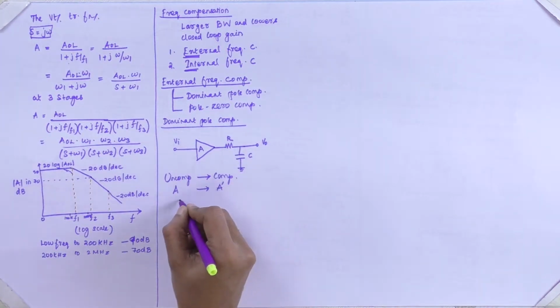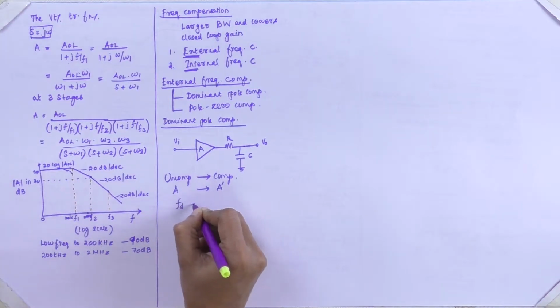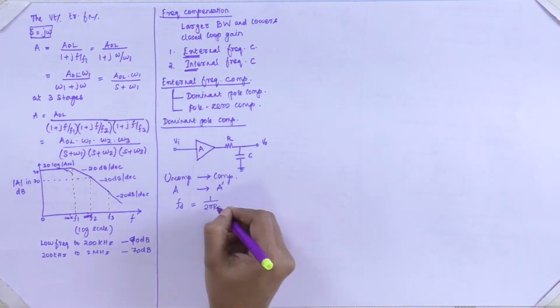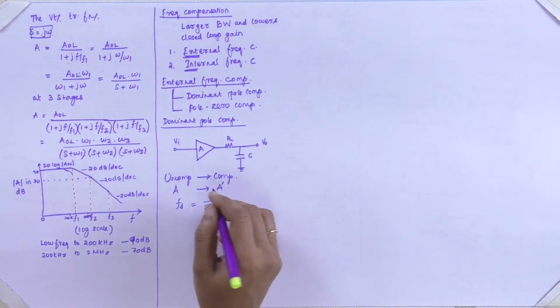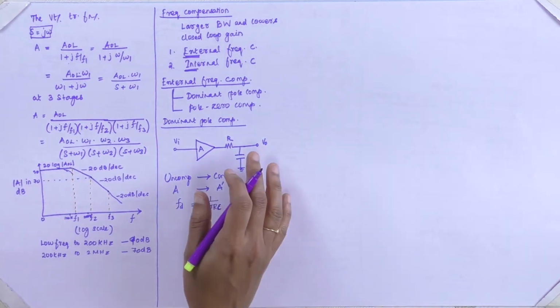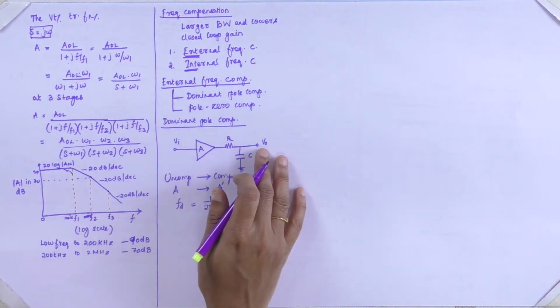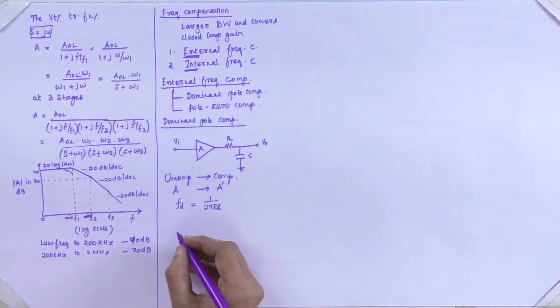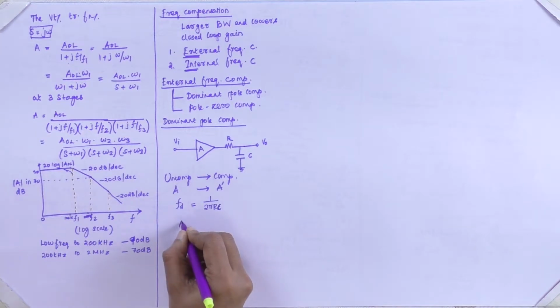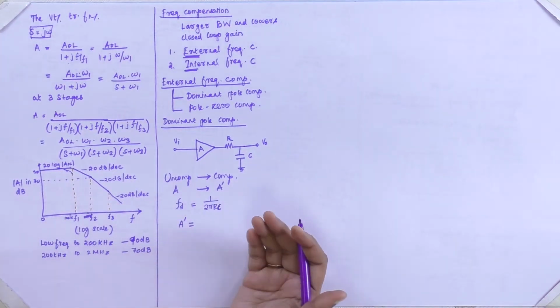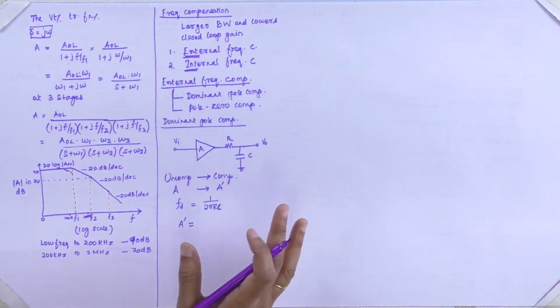The frequency is calculated as Fd, taken as the dominant frequency, 1 by 2 pi RC. So we are going to place an RC network in series with this op amp circuit, and I am going to write the gain for this compensated network, A dash.